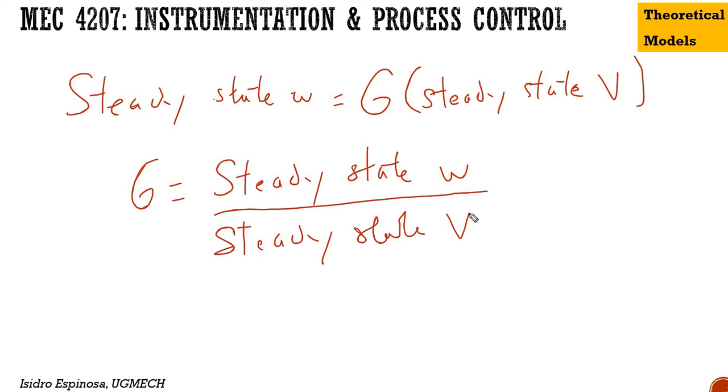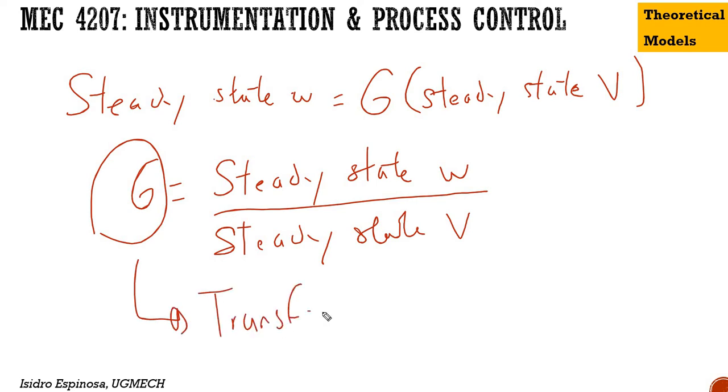The constant is called the transfer function or gain of the system.